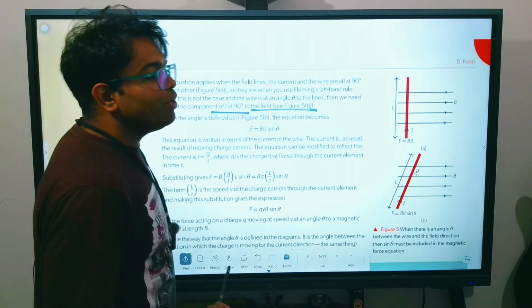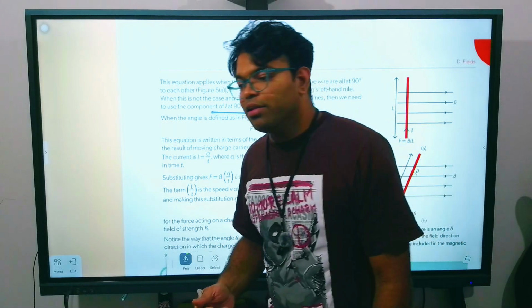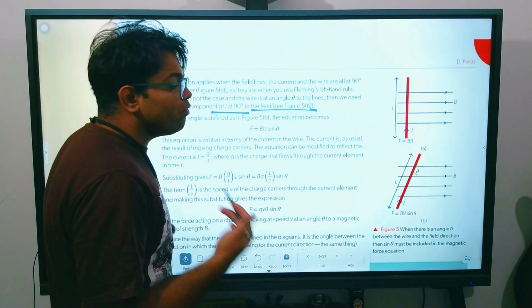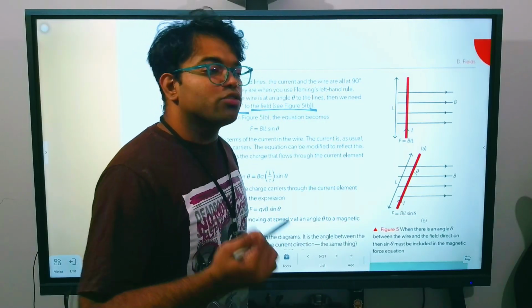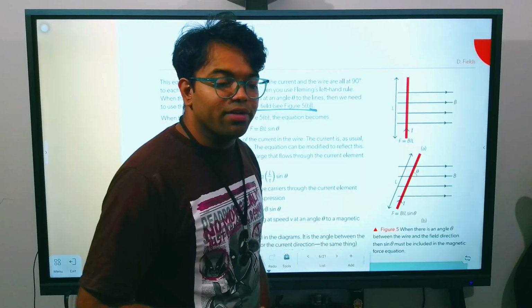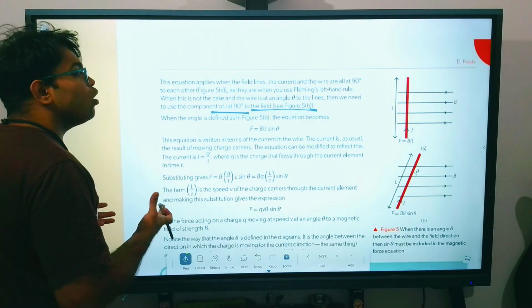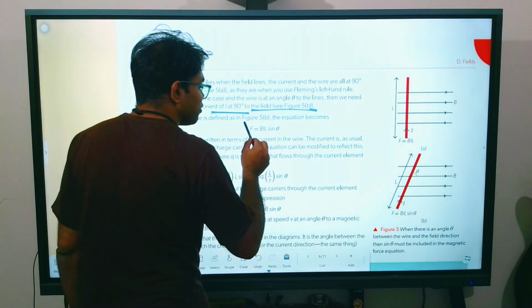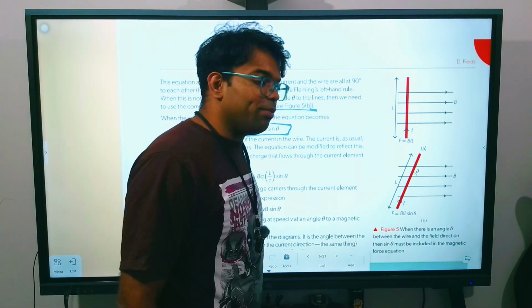How do we do that? We do that by using trigonometry. All we need is the perpendicular component. We don't require the horizontal component. So the perpendicular component will be given as something sine theta. So our whole value becomes F is equal to BIL sine theta.